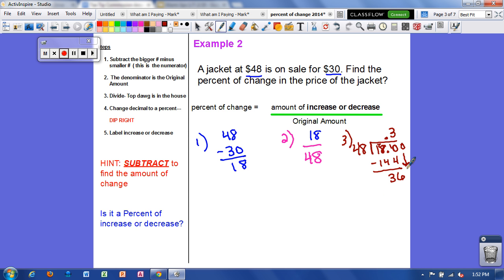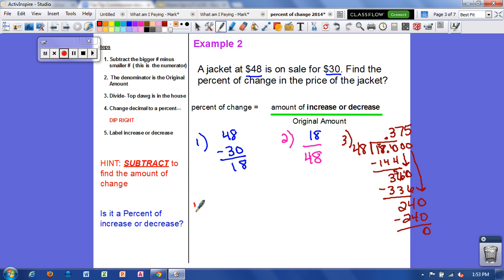Now I have to bring down a 0. And then 48 goes into 360 7 times, which is 336. And I have to borrow. I get a remainder of 24, so I have to add on another 0. 48 goes into 240 5 times, which equals 240. I get a remainder of 0, and now I'm done.